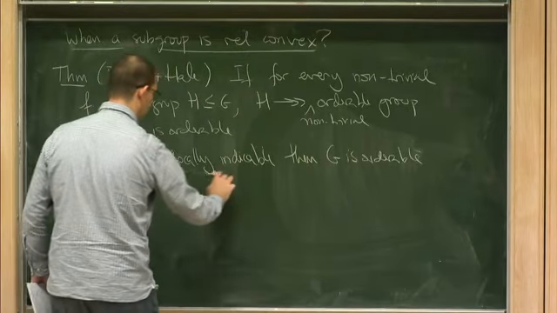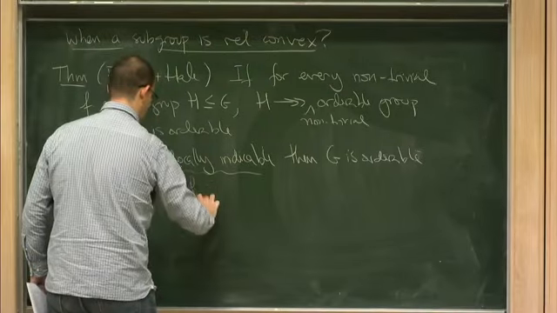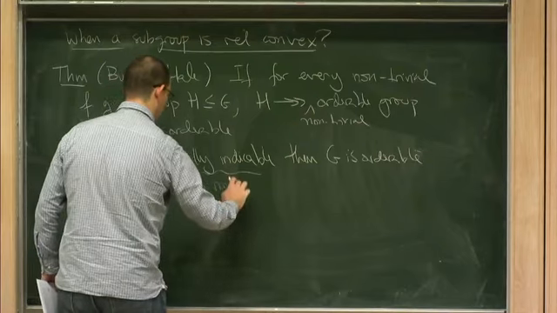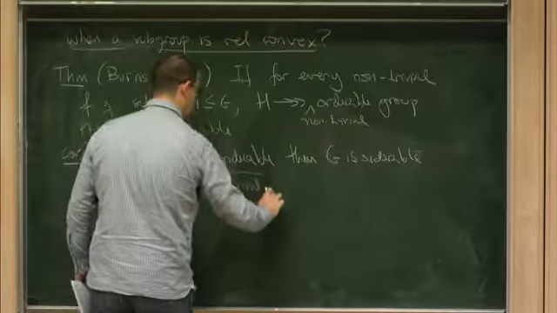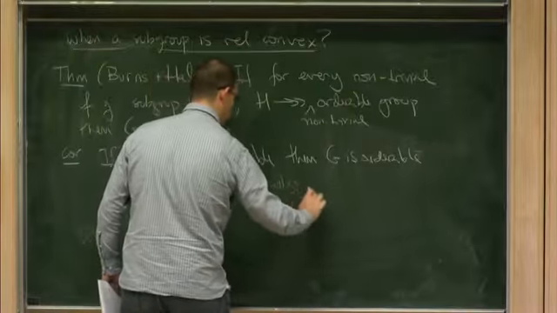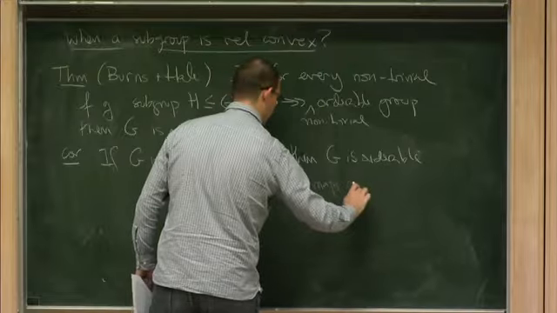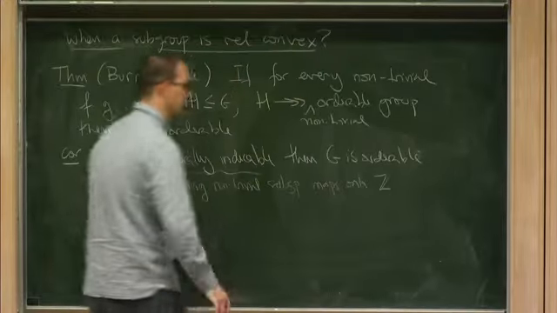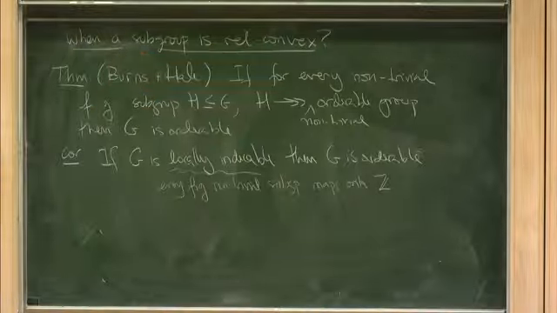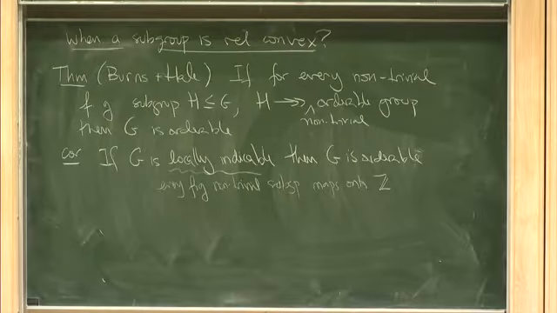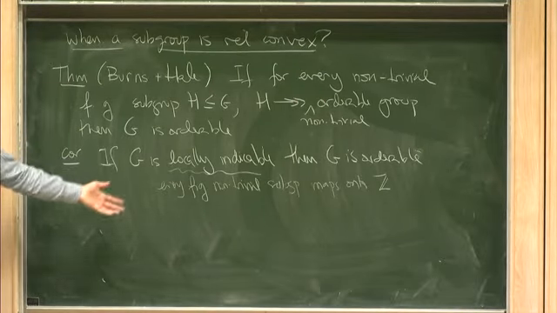Locally indicable meaning every finitely generated non-trivial subgroup maps onto C. Okay, C is our ordered group par excellence, I guess. So there is this theorem that allows you to show that many groups are orderable. In fact, the first proof I knew about the free group being orderable was through this corollary, which is definitely non-constructive.